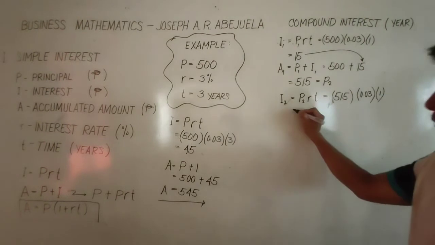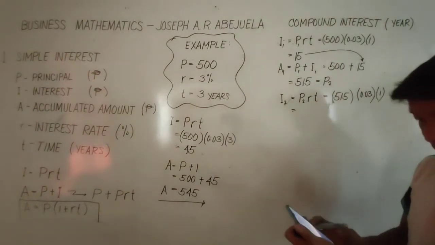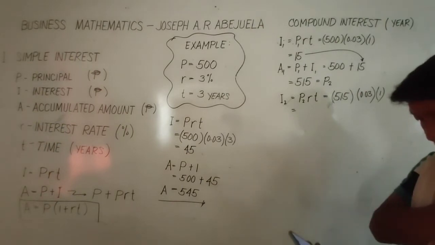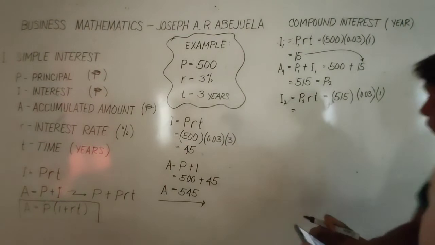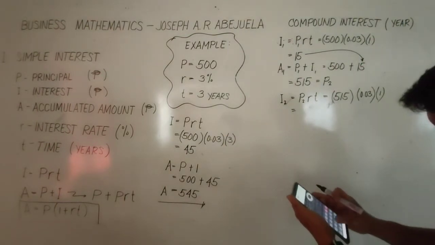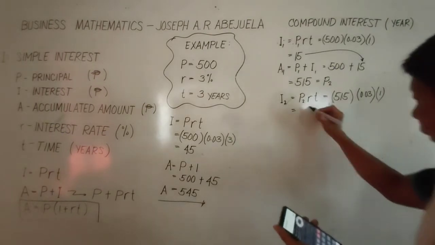So we have I2 equal to 515 times 0.03 times 1 equals 15.45.